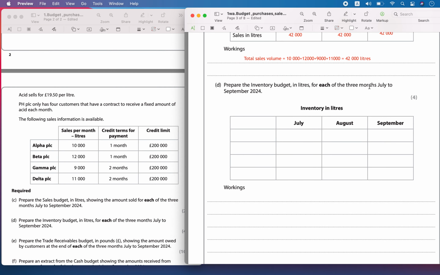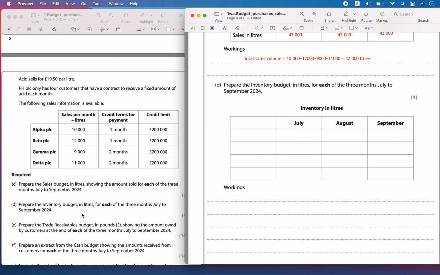Then prepare the inventory budget in liters for each of the 3 months from July to September. What is the amount of inventory that we should have in our company so that we are safe? Because we are producing some amount and some sales are happening. What is our opening inventory?